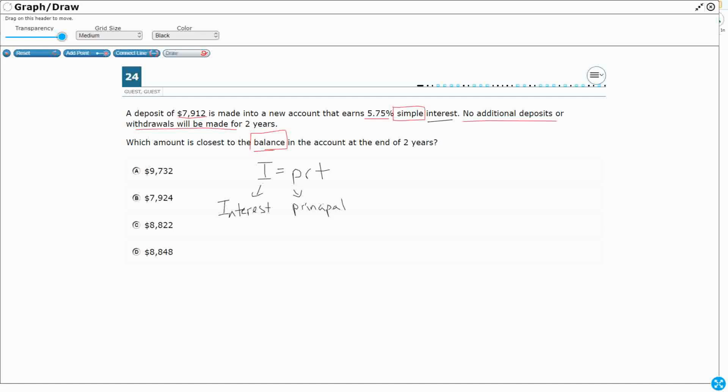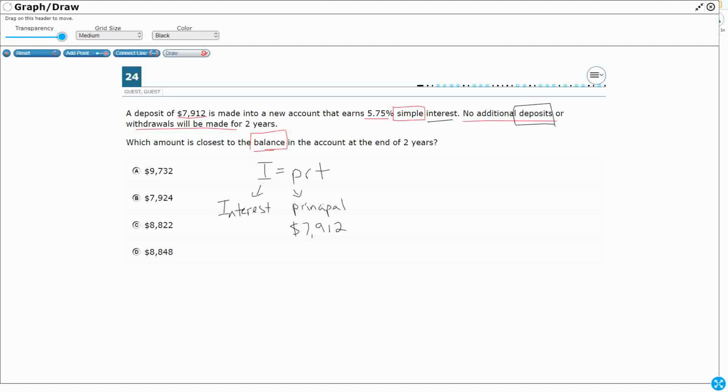In this case, our principal is going to be $7,912. And the fact that there's no additional deposits or withdrawals is helpful because if you added money or took money away, that's going to change the principal. But for 2 years, the principal remains $7,912. So whenever you're dealing with a simple interest problem, you always got to be thinking, are they adding or withdrawing money? Because if so, that's going to change the principal.